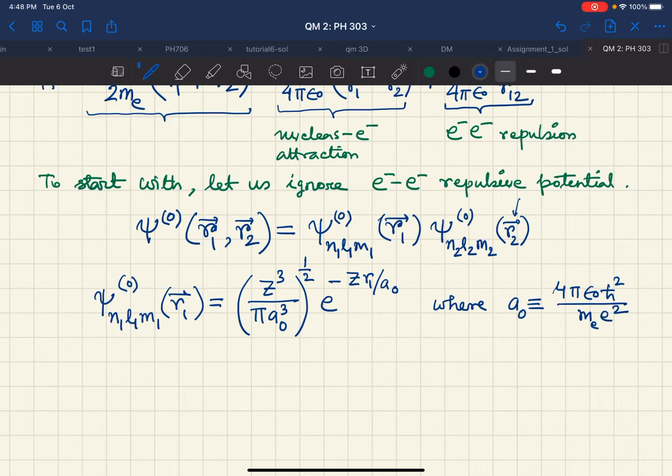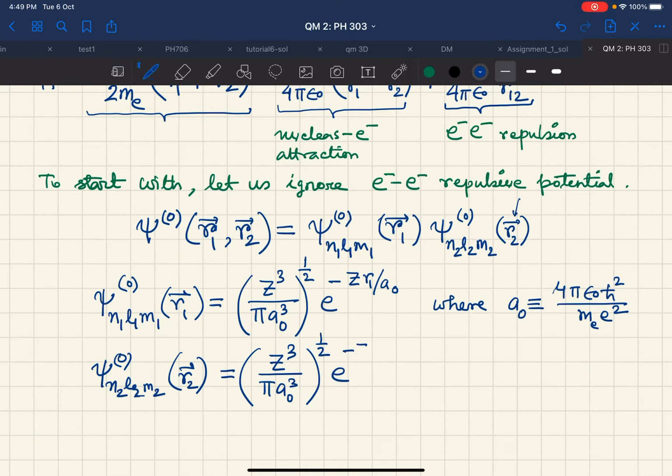And similarly, we can also write down for the second one as (Z cubed over pi a0 cubed) to the power half, e to the minus Z r2 over a0.